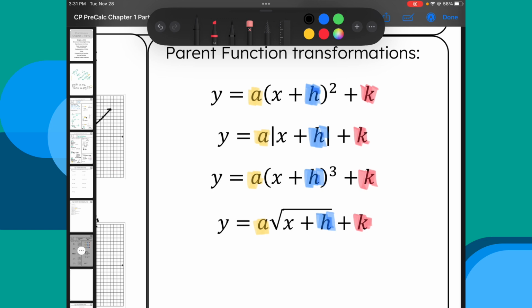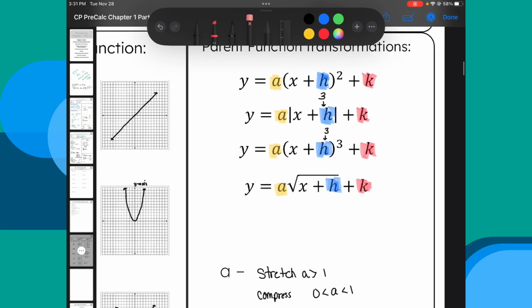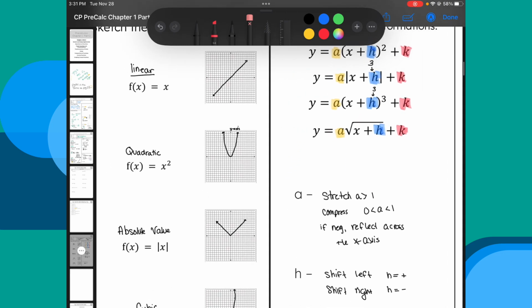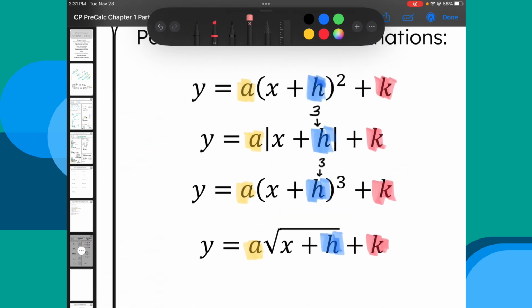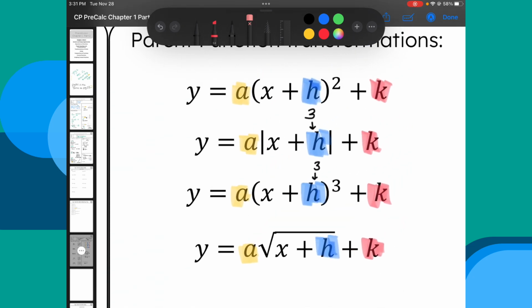So if the h value inside an absolute value is 3, or if it's inside of cubic, either way, that's going to shift the parent function to the left 3. If it was a negative 3, it would shift it to the right. So it doesn't matter about what the parent function is. It matters to look at that value and how the value is affecting the graph.